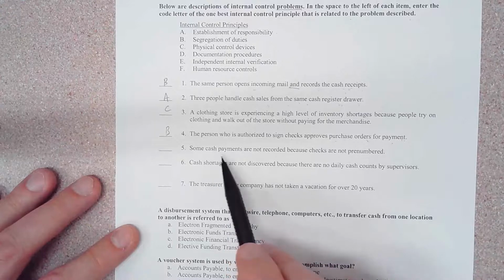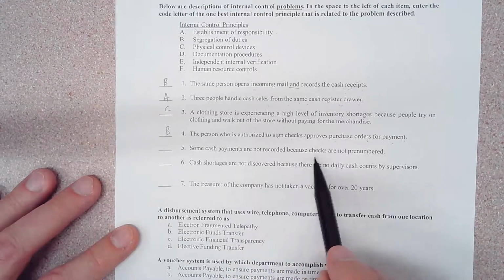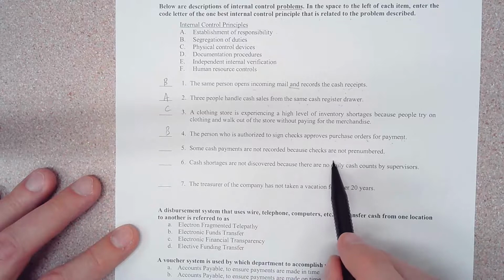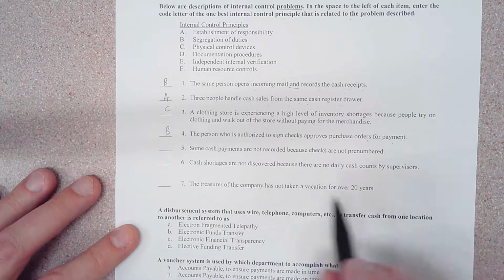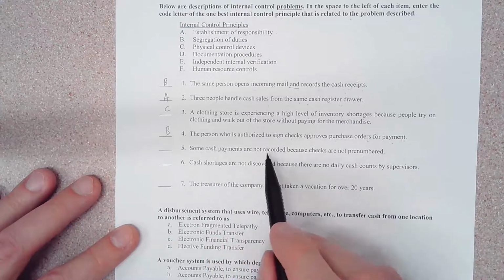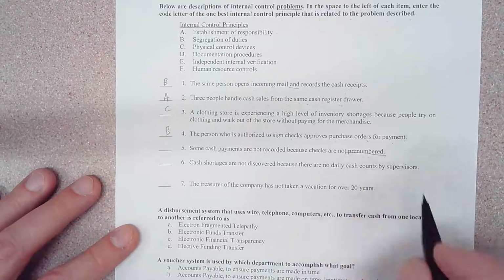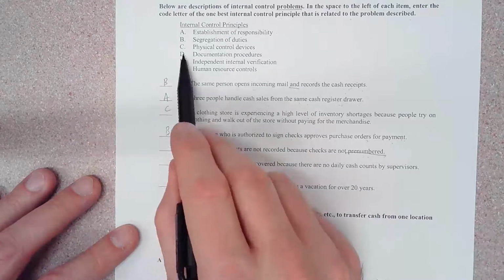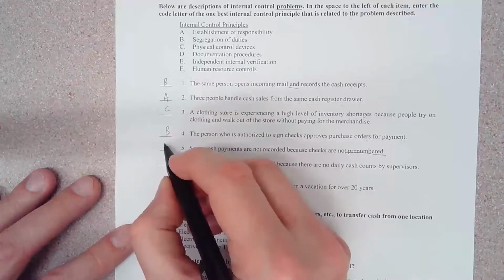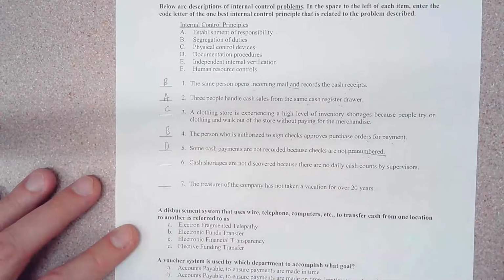Number 5, some cash payments are not recorded because checks are not pre-numbered. Well, anytime we see pre-numbered, we know that that is a documentation procedure weakness.